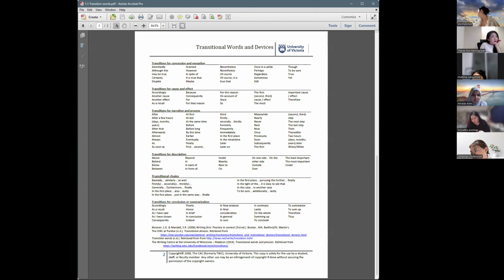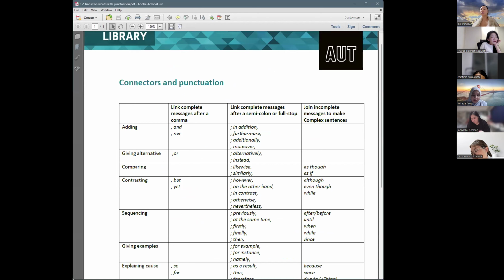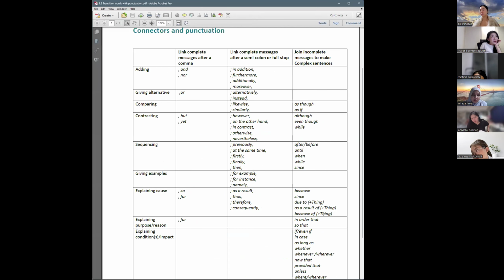It's nice. And the other one, which looks something like this, I think it's great because it shows you how to make sure you use punctuation with words like however.